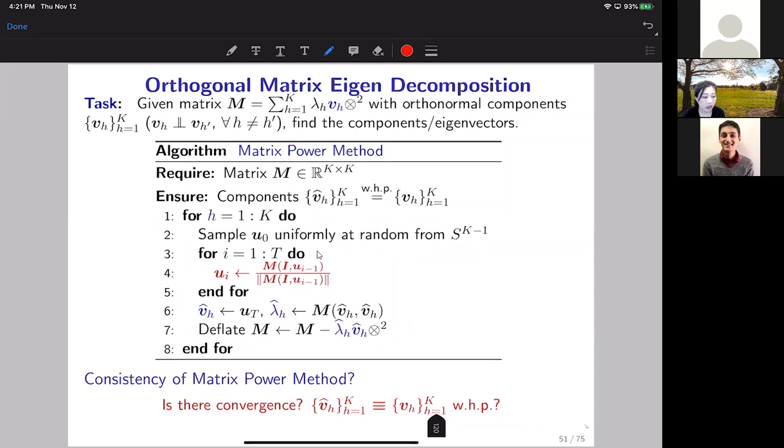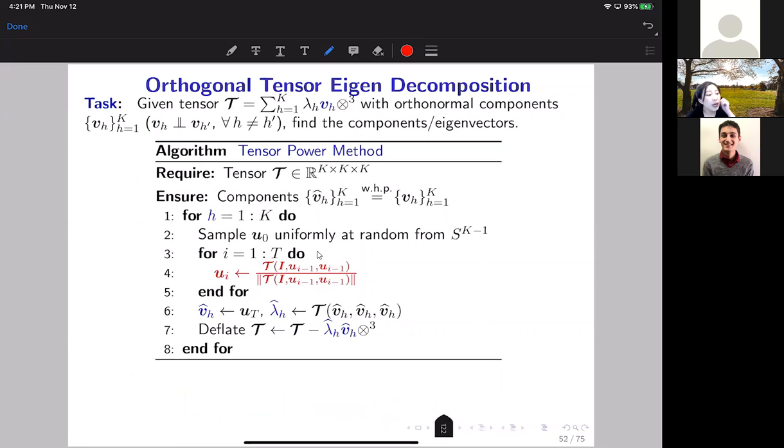So basically it means that with high probability, the estimation v_h hat is the same as v_h. Does the convergence depend on initialization? We all know that it doesn't depend on initialization. Actually, it depends on the spectral gap, right?